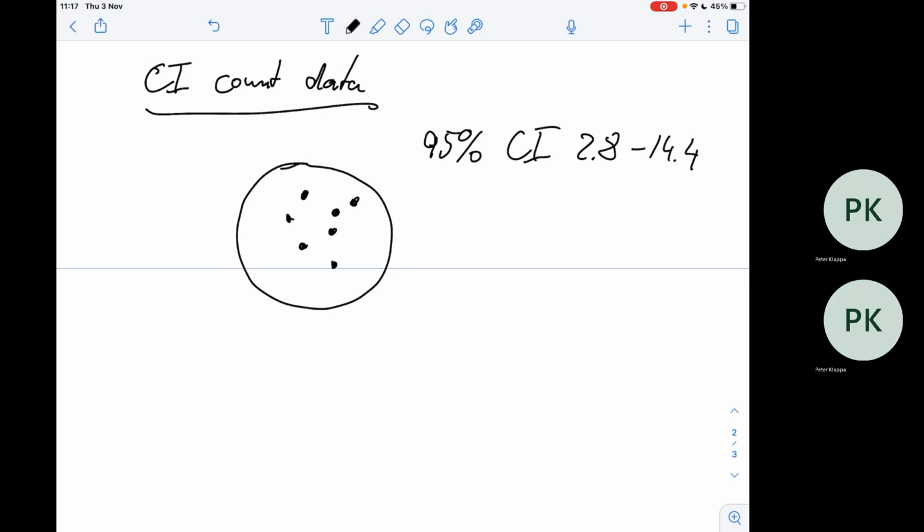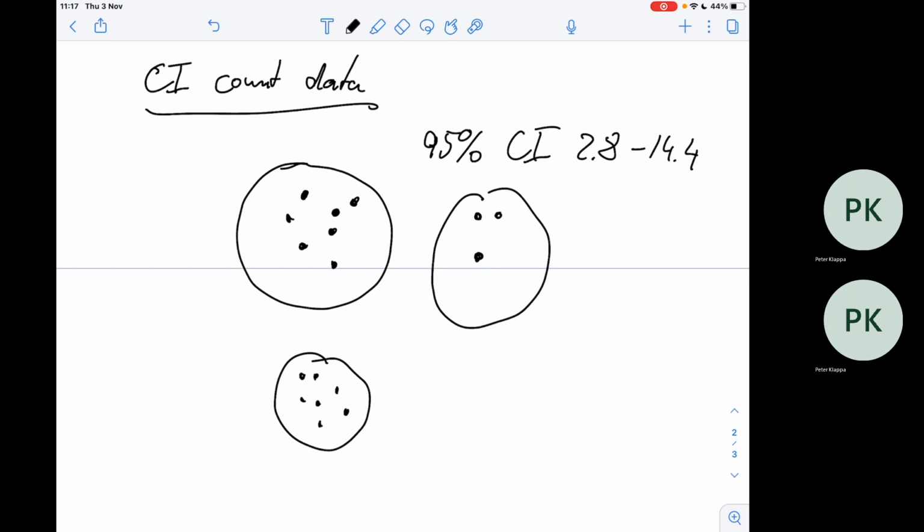What if, for example, we have 3 plates? One we have 3 on it, and the other one we have 10. So we've got 7, 3, and 10.